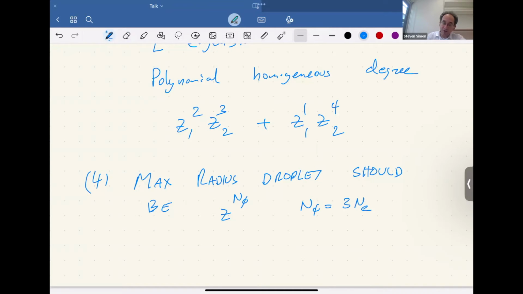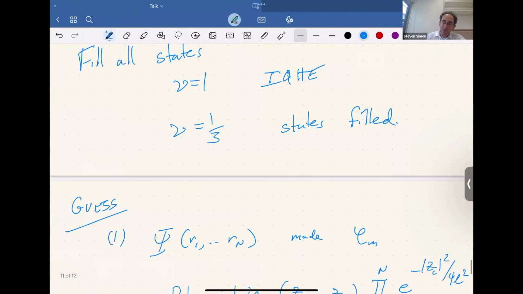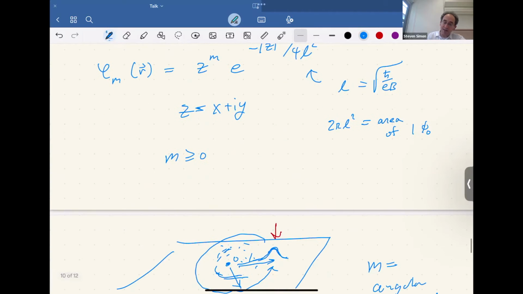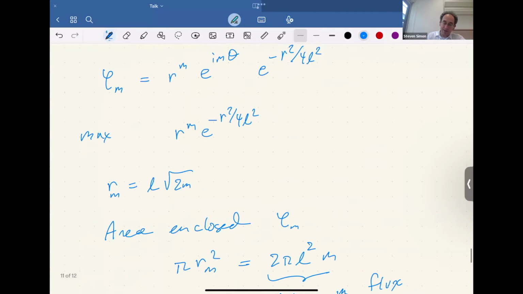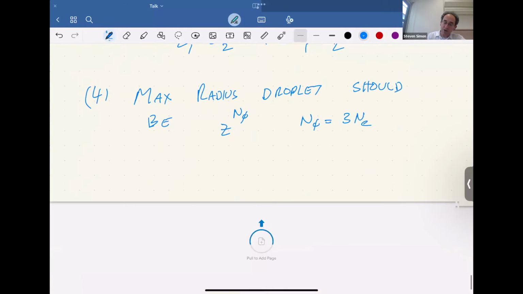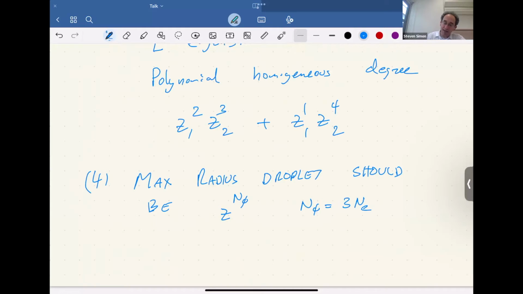Why is that? Well, remember that z to the m contains m flux quanta. So z to the N phi contains N phi flux quanta, and the number of flux quanta should be 3 times the number of electrons.